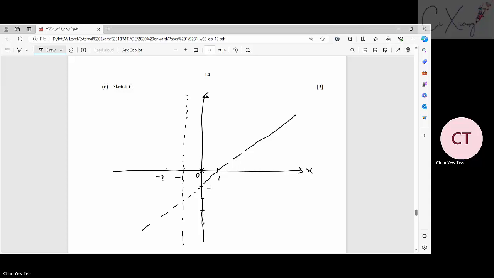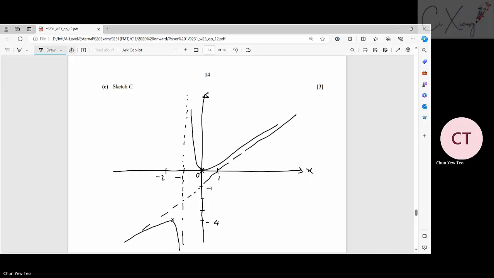-2 somewhere here. So from here, the graph, obviously, is going to be like that. It's going to be like this.